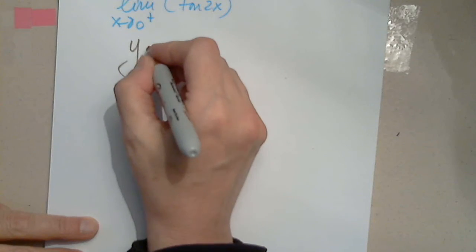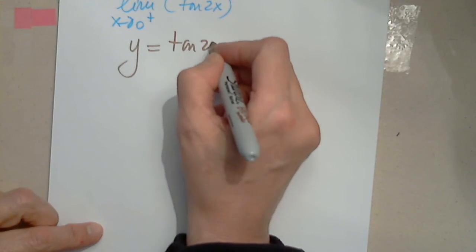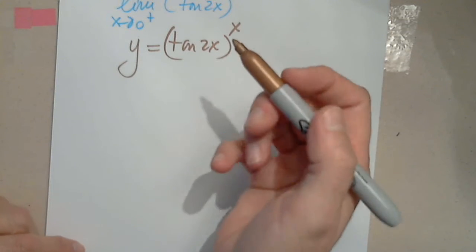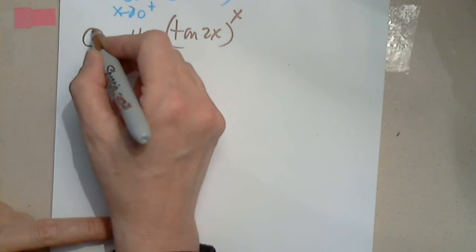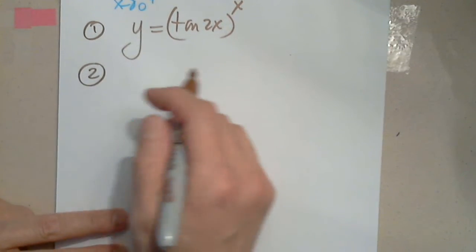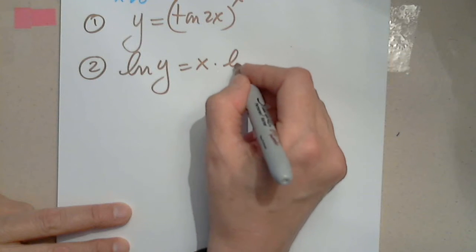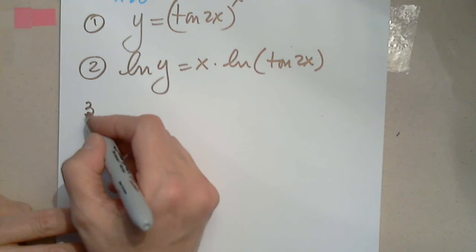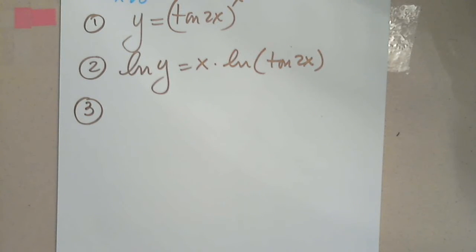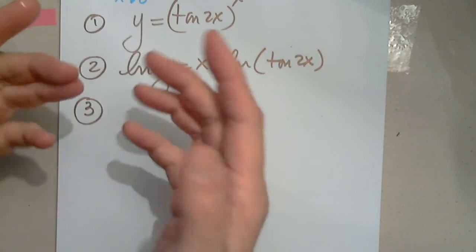So first step, we have to denote the function, tangent 2x raised to the x, by y. Yes, this is step 1. In step 2, we have to apply natural log. In step 3, we are going to apply limit to both sides.